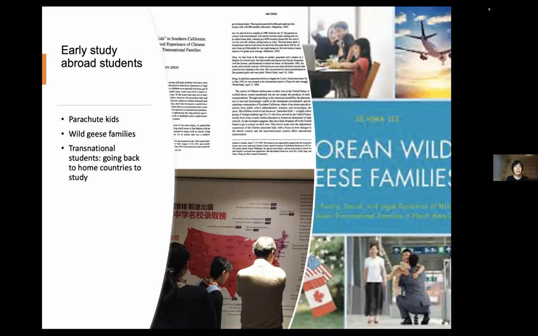And there are studies in the UK talking about how some African families will send their children back to Africa because they want the children to acquire the cultural norms of their home countries. They felt that Western societies are corrupting the children's spirits. So they are sending those children back.